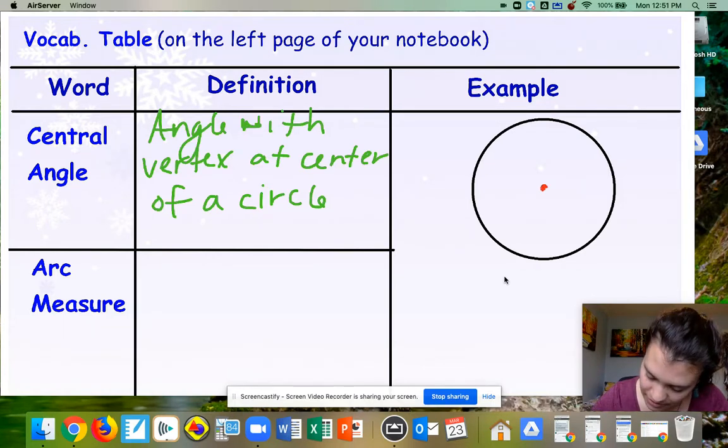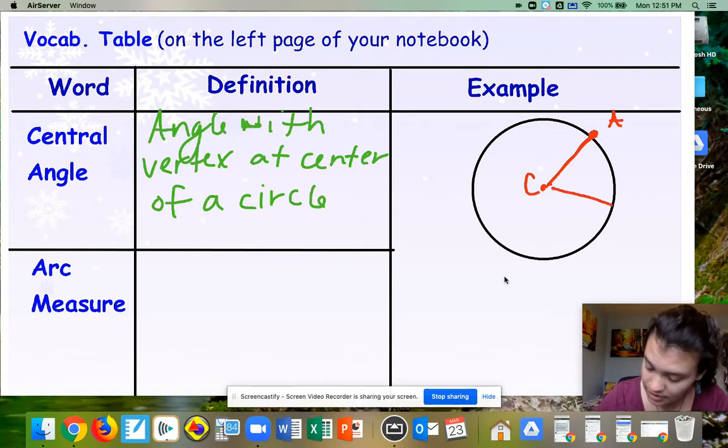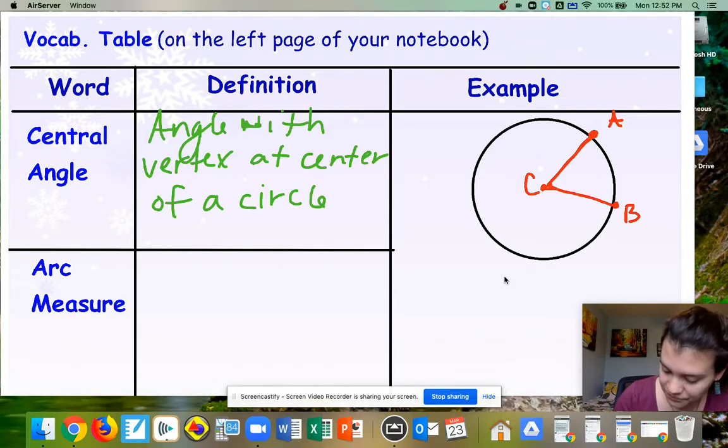If I put this right here and label it C for center, and then draw something out, we'll label this one A, and this one B. Angle ABC would then be a central angle. So we could say angle ABC is a central angle.